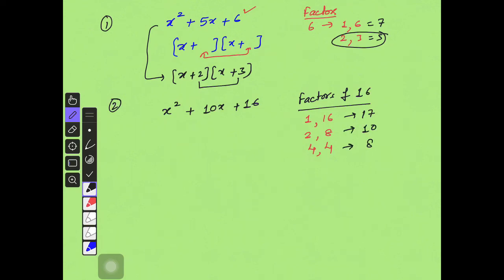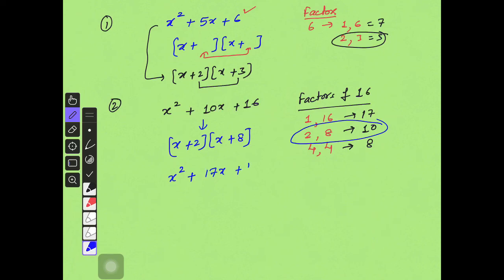Just add them: 17, 10 and 8. So we are going to consider the middle one, 2 and 8, because if you add them, you get 10. So x plus 2 times x plus 8. Super easy. Think about 2 numbers: the sum should be the middle number 10x, and the product should be the constant term, which is 16 without x.